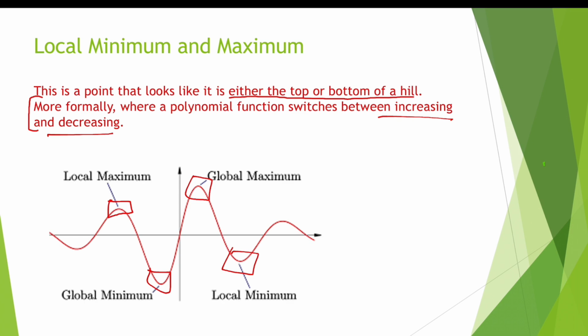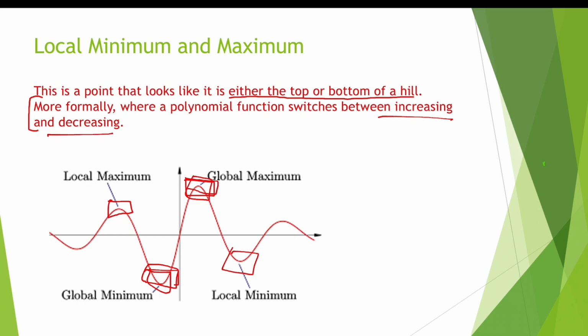The only difference between a local maximum and a global maximum is that the global maximum is the highest of all local maximums, and the global minimum is the lowest of all local minimums. Since we do not have the entire picture of the graph here, we know this is the global maximum and this is the global minimum.